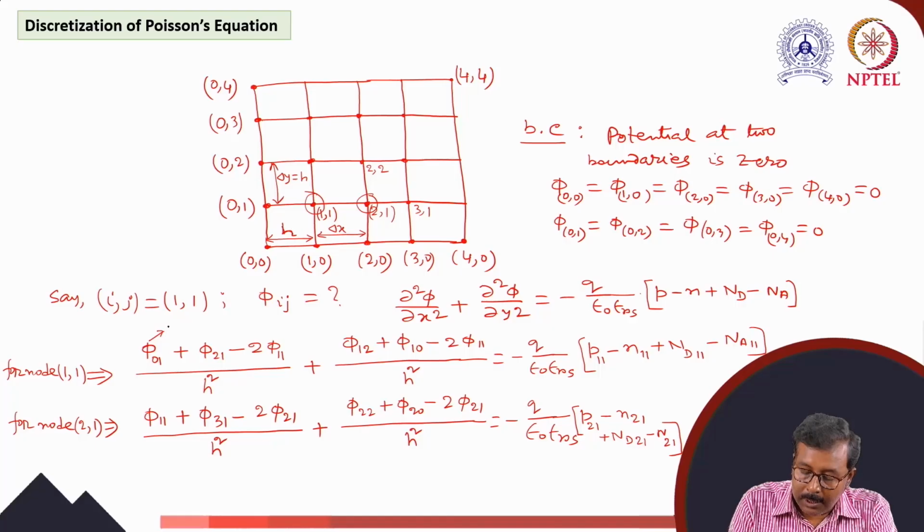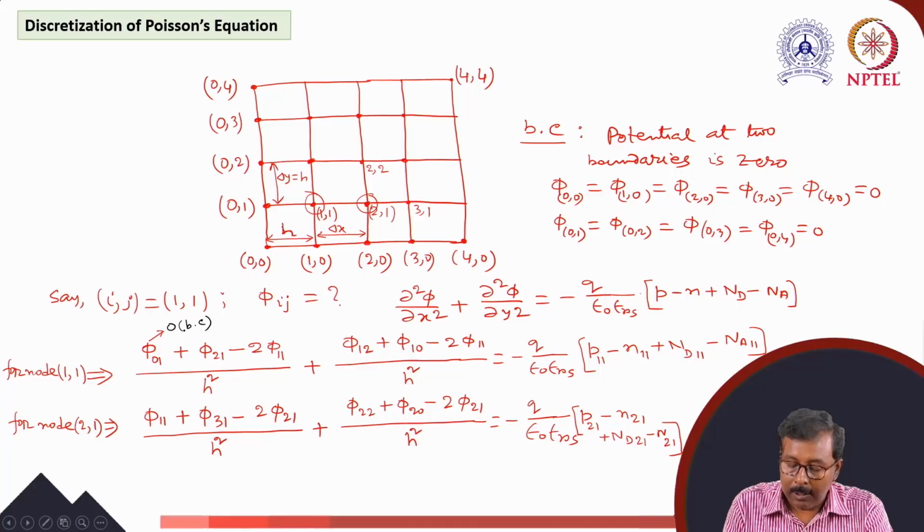This will be 0, that is a boundary condition. Phi 1 0, this is also 0. And in this equation, there is no 0 present. So after putting the boundary condition, you can have some simplified version of the first equation.